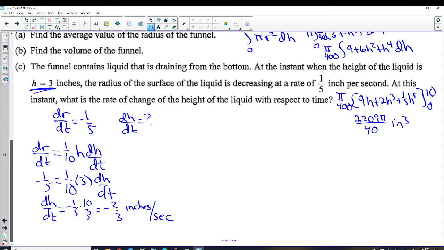Okay. So show the dh. Okay, so this is just take the derivative. It only gives us one number.